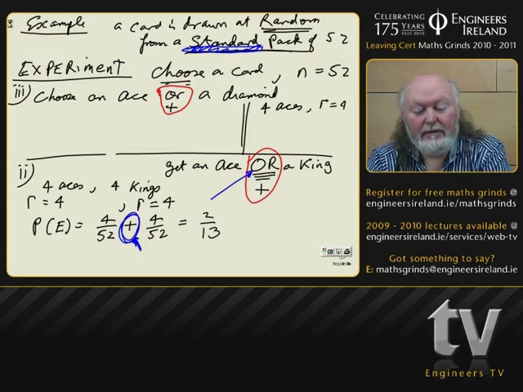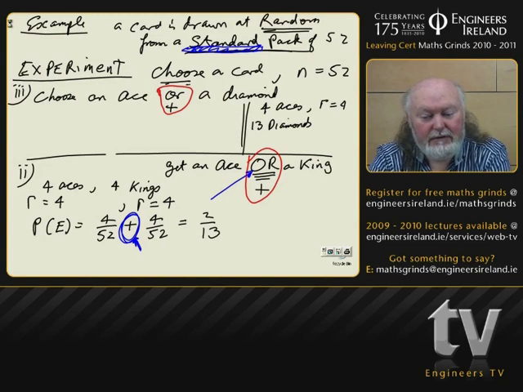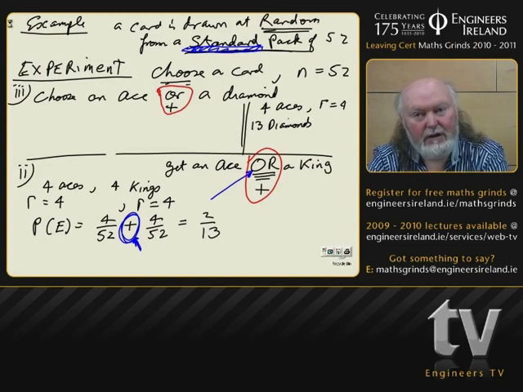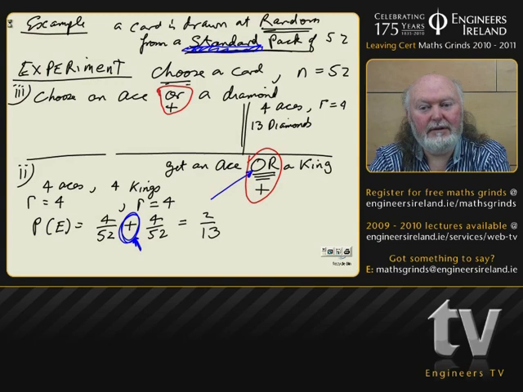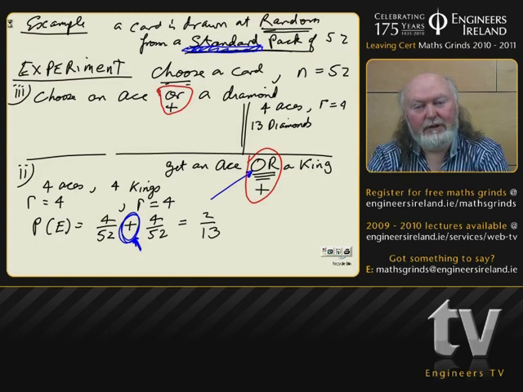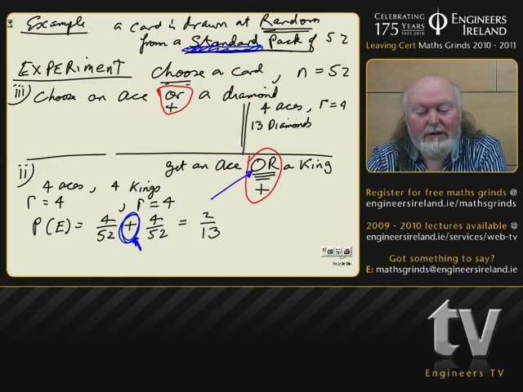There are 13 diamonds. So is the R for this or a diamond business, is the R going to be 13? It can't be. And the reason it can't be is we could finish up double counting. If we're picking out an ace, and if the ace turned out to be the ace of diamonds, well, now you're saying to yourself, that's accounted for one of the diamonds.